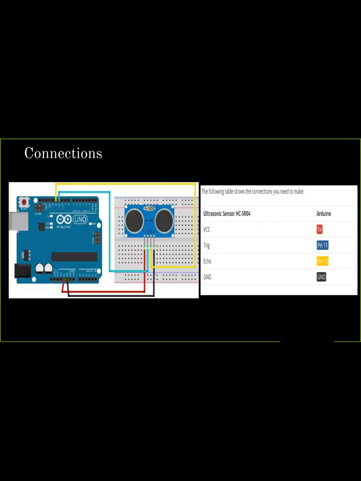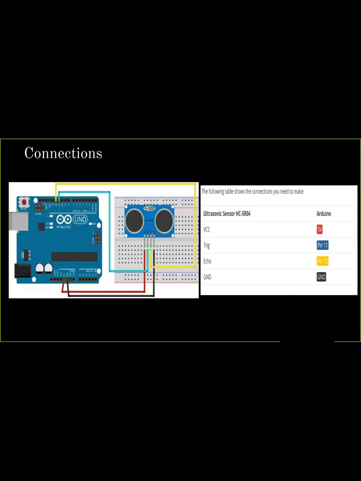Then we'll get back to the slide of making the connections. Your ultrasonic sensor has 4 pins. The first pin is VCC, the last pin is ground, and the middle pins are Trigger and Echo.